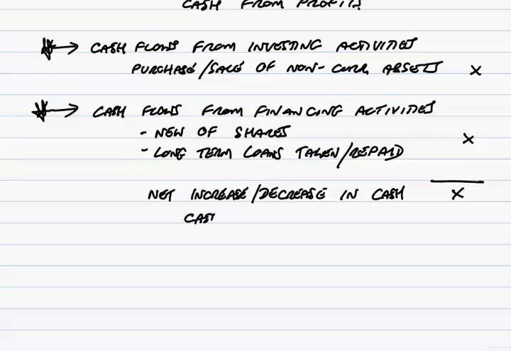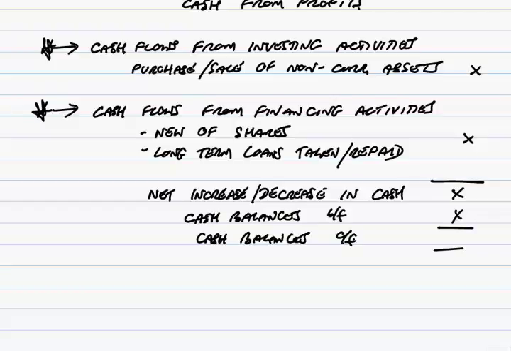So we'd take the cash balances at the beginning of the year, brought forward, add or subtract the increase or decrease, and that'll give us the cash balances at the end, or carried forward. So there's our statement. It'll be showing receipts and payments under those three headings. And the purpose, it will explain the change in the cash balance over the year.